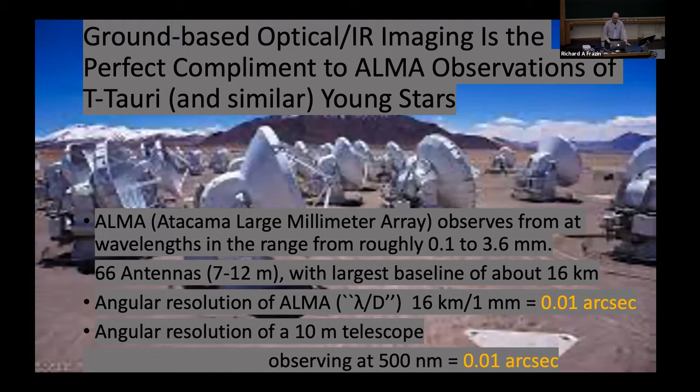Now, if you take a 10-meter telescope and you're observing in the optical at 500 nanometers, that gives you the same number, 1/100th of an arcsecond. So what that means is that the optical telescopes and ALMA can see the same patch of sky at the same angular resolution. So you basically see two different components of the material at the same place.